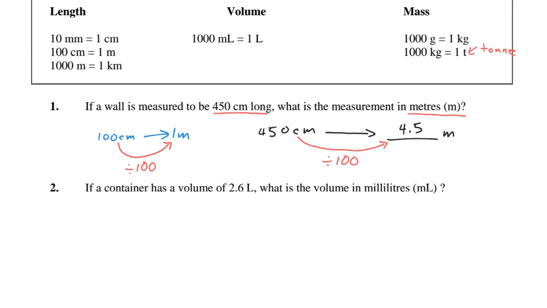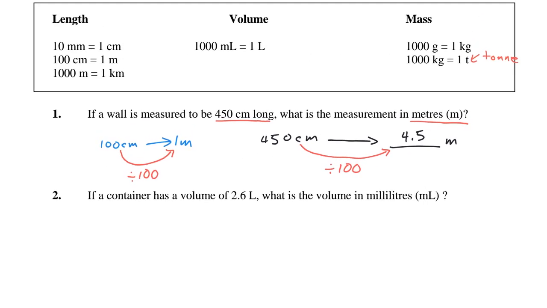So if a container has a volume of 2.6 liters, what's the volume in milliliters? So here's what we want. In this case, we want liters to be translated into a certain number of milliliters.